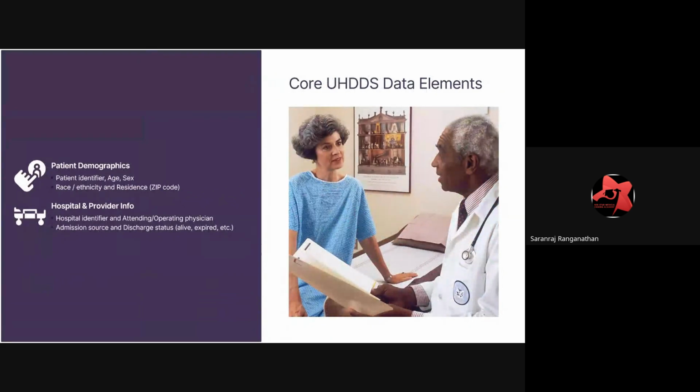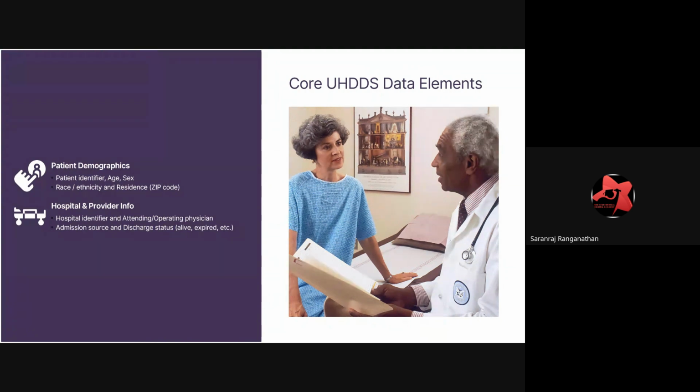Then the core UHDDS data elements. One is patient demography, and the other is hospital and provider information. Both are very mandatory and important core elements for following the guidelines and coming to a conclusion for the payment reimbursement system, especially for inpatients. These include patient identifier, age, sex, race, ethnicity, and residency.